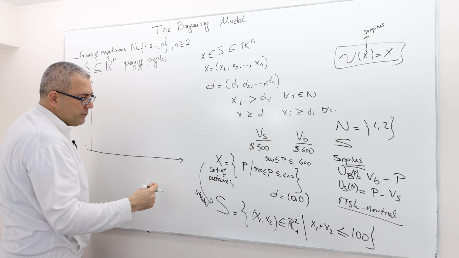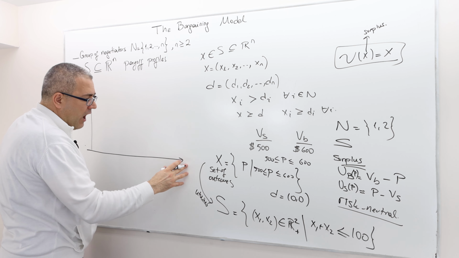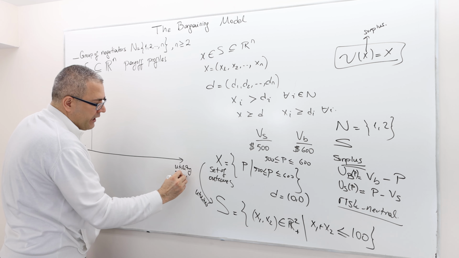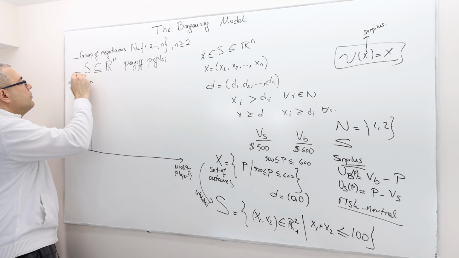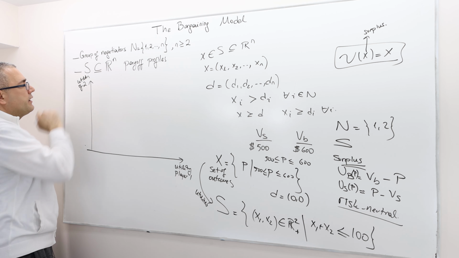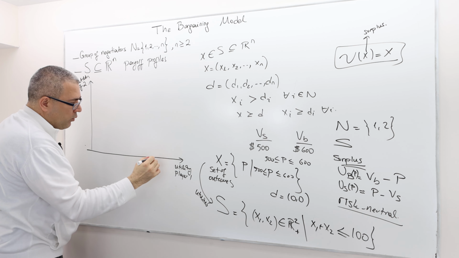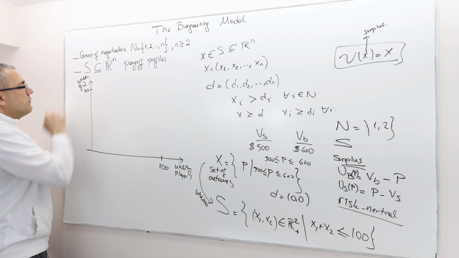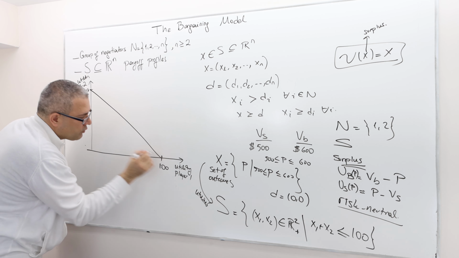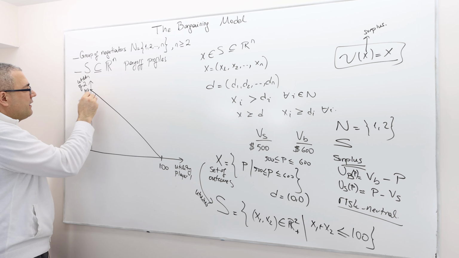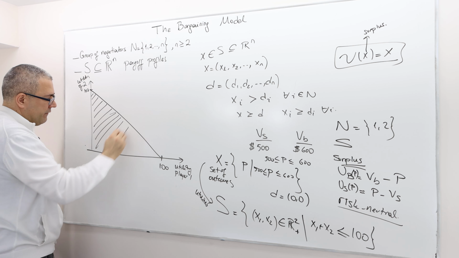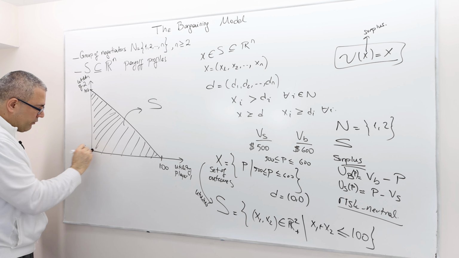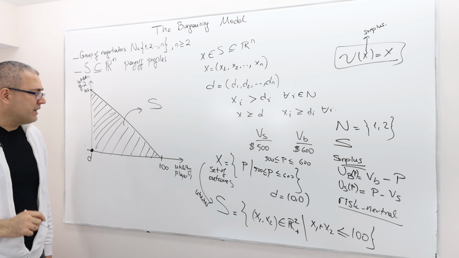So this is how much utility negotiator 1 is going to get, and this is the utility of negotiator 2. Remember, x1 plus x2 equals 100 means this is the maximum utility player 1 gets and the maximum utility player 2 gets, and everything less than that, but non-negative. So this is the set S, and this 0, 0 point is the disagreement point.